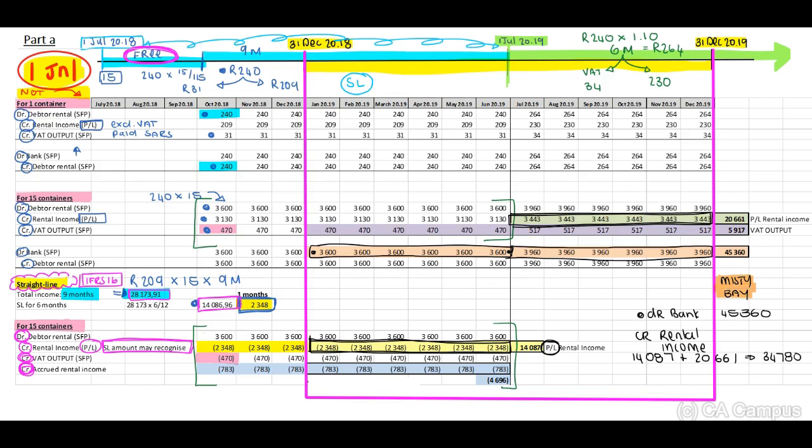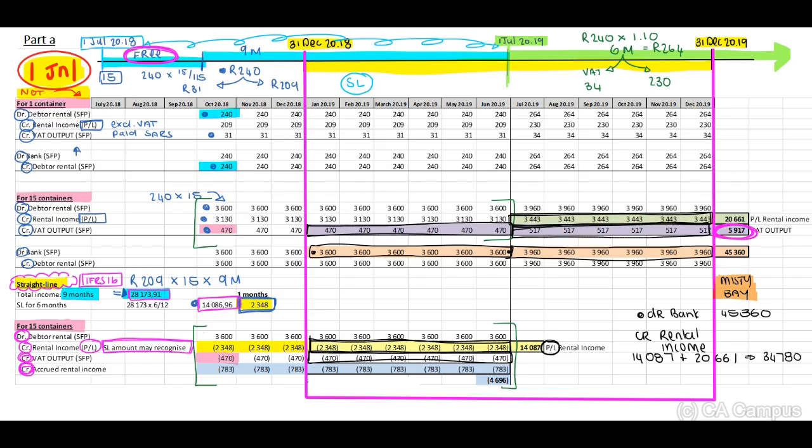Right, focus, we are busy with Misty Bay. We need to recognize our output VAT. Again, when you look at the journal entry, our output VAT will be the 470 for the first 6 months, exactly the same, straight lining and the normal one, and the 517 for the next 6 months. Therefore, this is 5917.